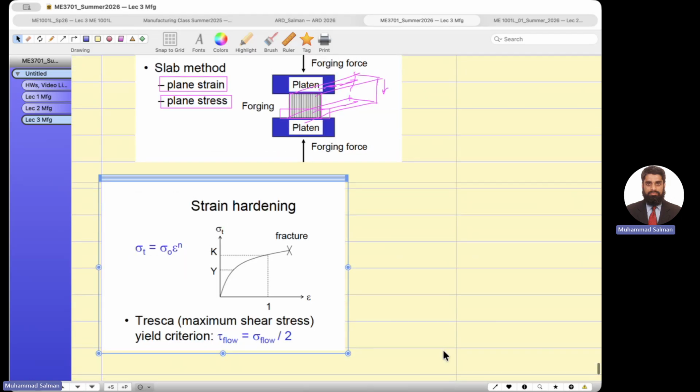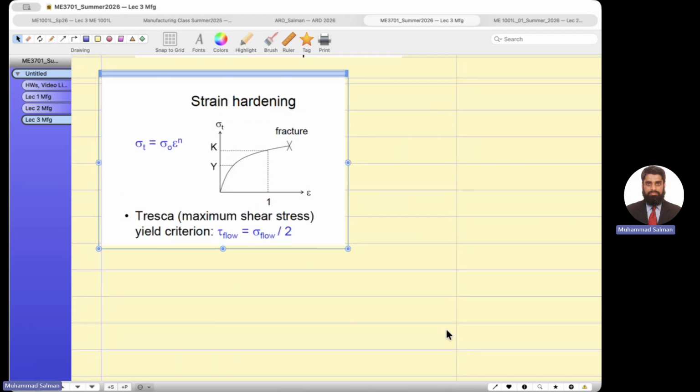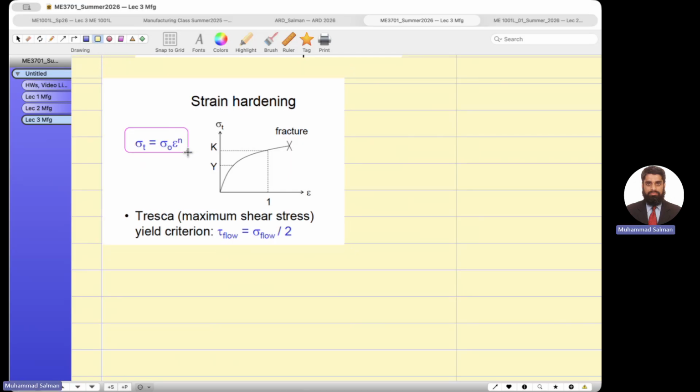I think I went over the review section. We studied the plastic domain, maximum shear stress, which is given by the Tresca yield criteria, sigma flow, the stress at which the material starts flowing, divided by 2. If you remember the Mohr stress circle, remember that.